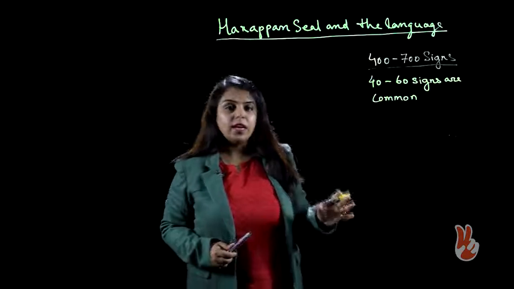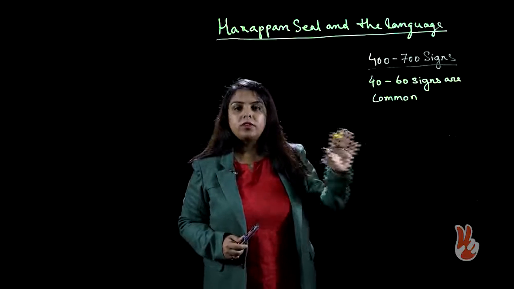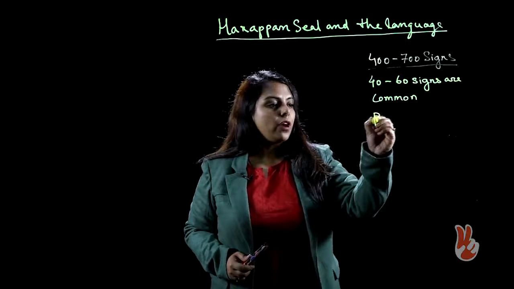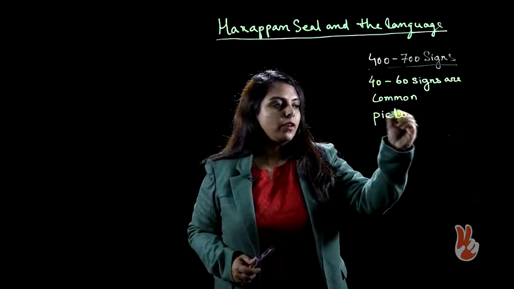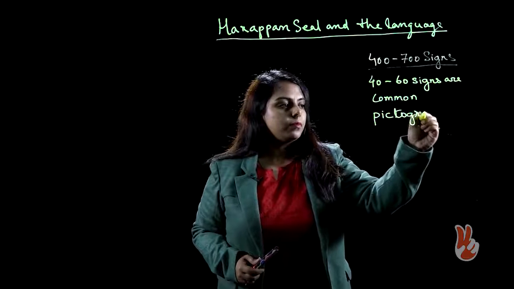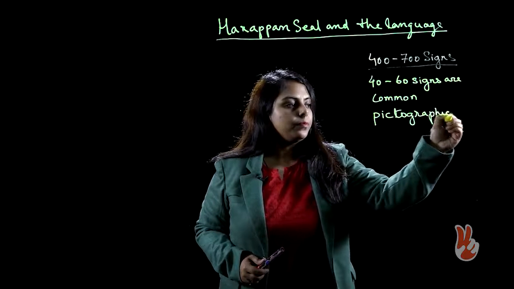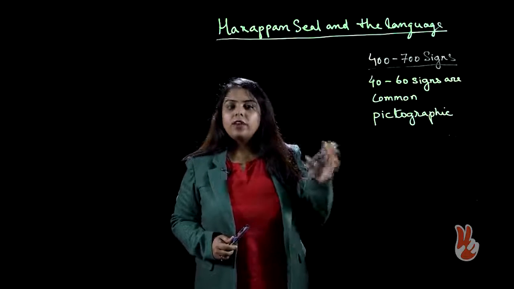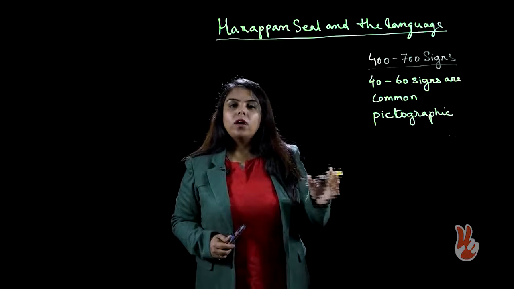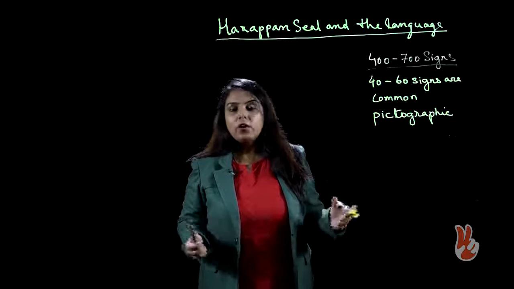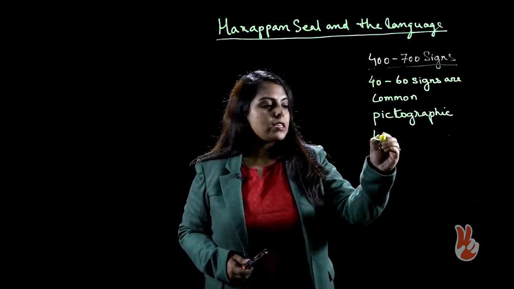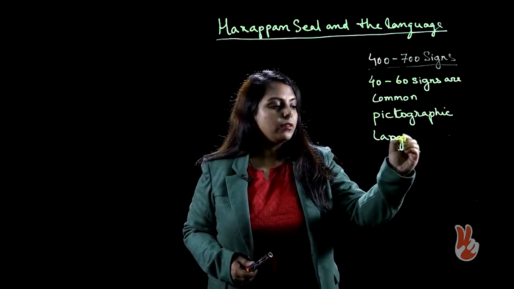Further, we also realize that the script that was used to write the language is mostly pictographic. But even with so much information, we definitely don't know how the language was read or written. As such, we can say that the Harappan language has not yet been deciphered.